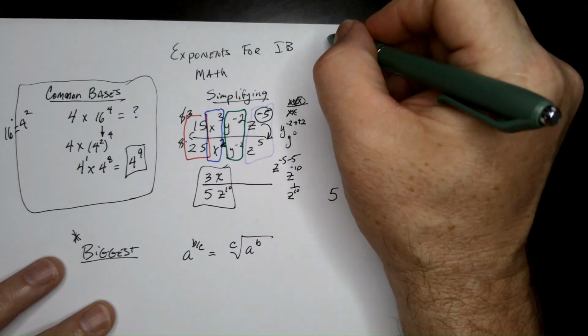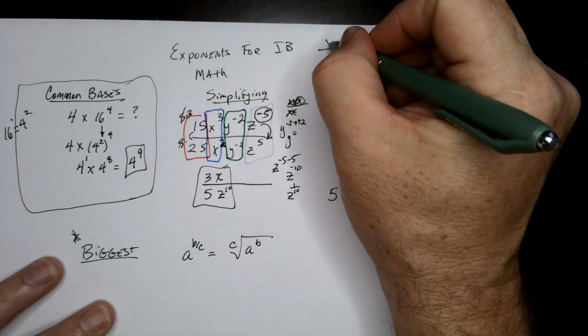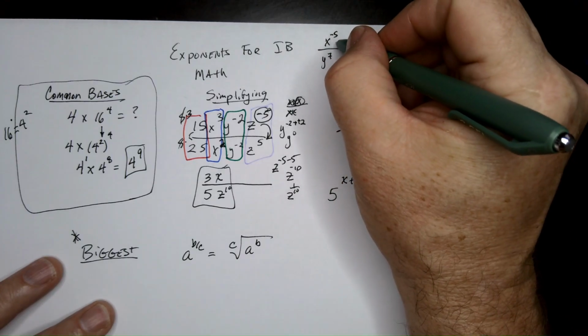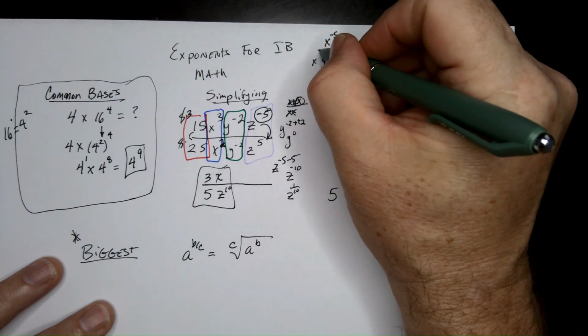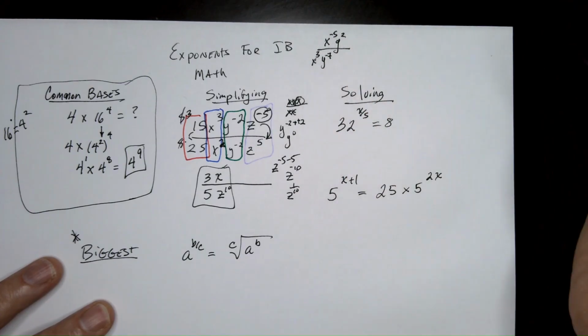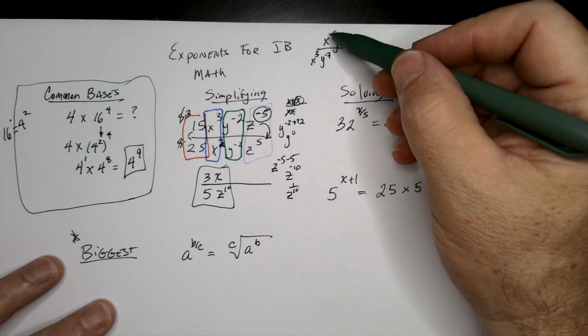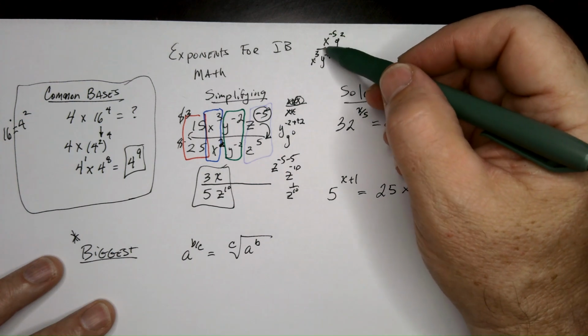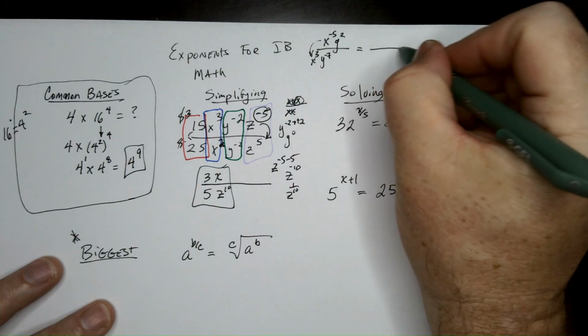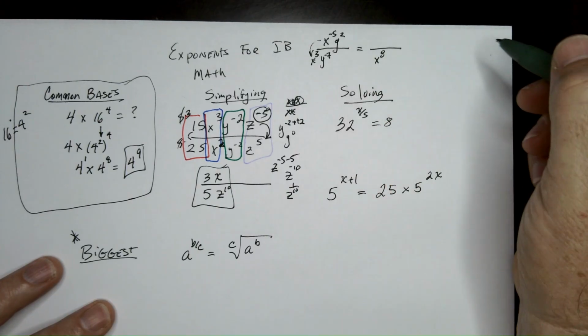So let me give you another example. Let's say we had x to the -5th and y to the 7th, and let's do this. Let's make that -7 and squared. Okay, so look at this. See this x to the 5th up here? That's got to go down to the bottom, right? And there's already 3 of them there, so that'd be 8.